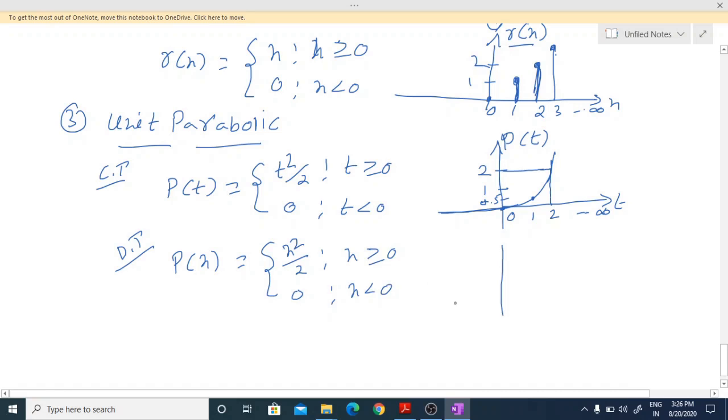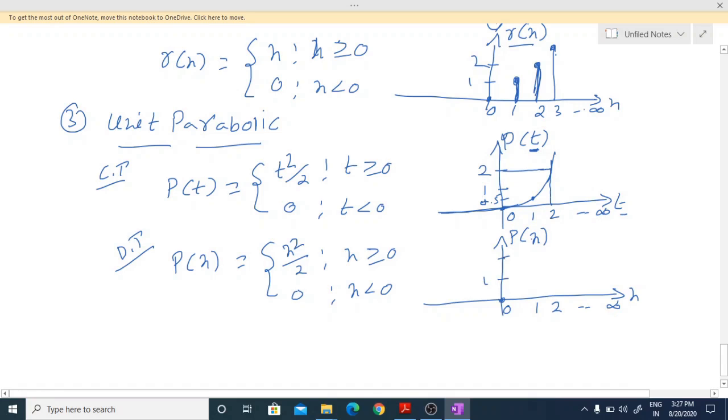Whenever you represent a discrete signal, take care to replace the t value, small t, by small n, with values 0, 1, 2 up to infinity.